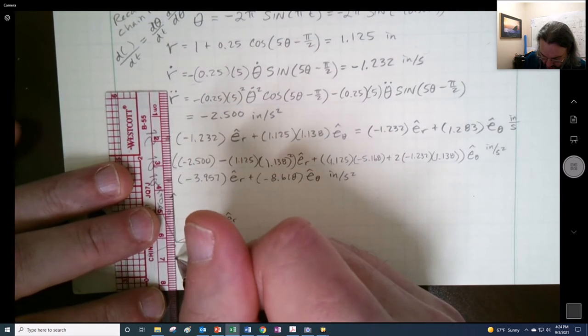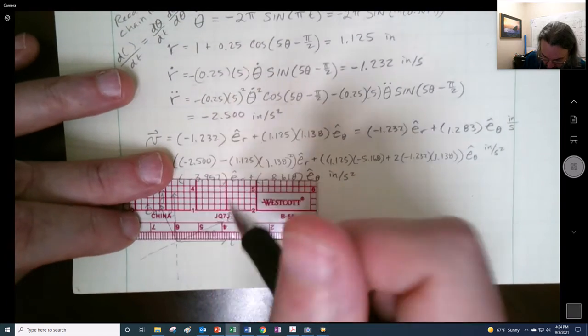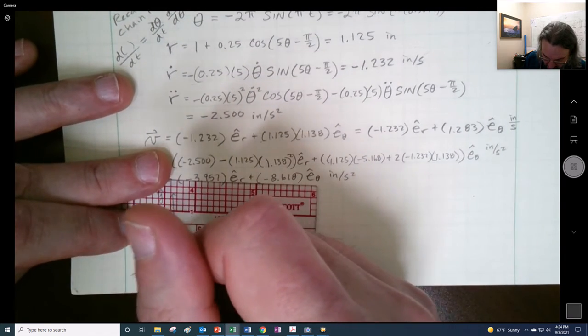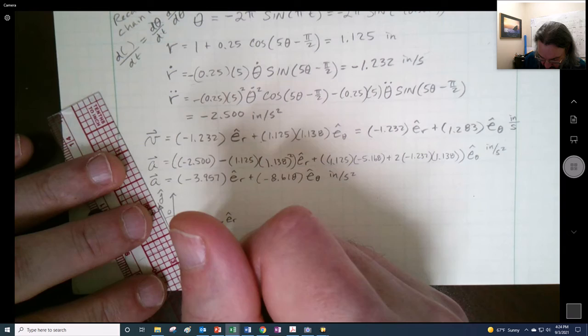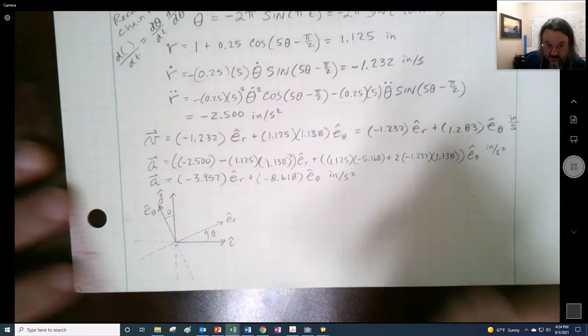This is really similar, maybe even identical to some of the other ones that we've done. I almost wish we had made a little bit of a weirder one so you would have seen it.